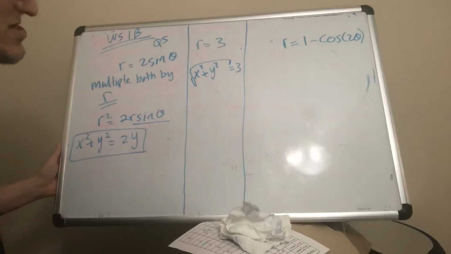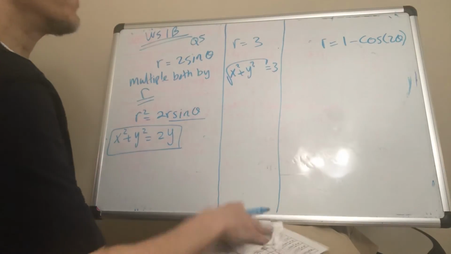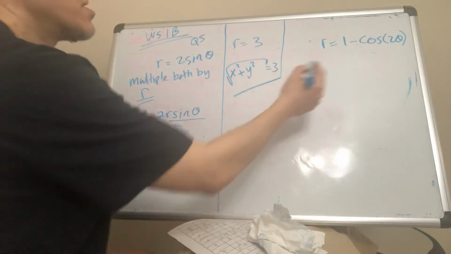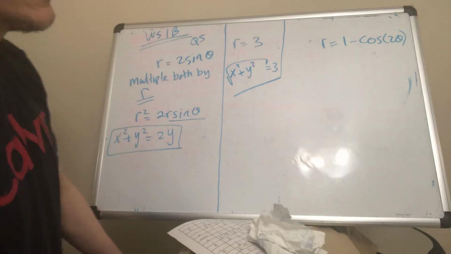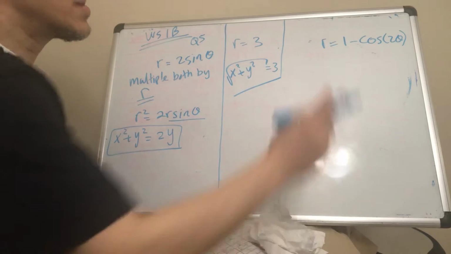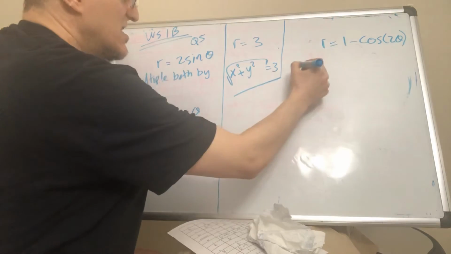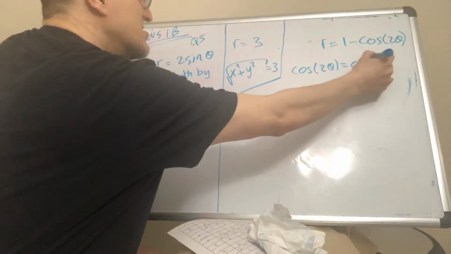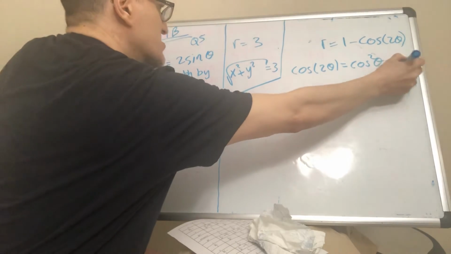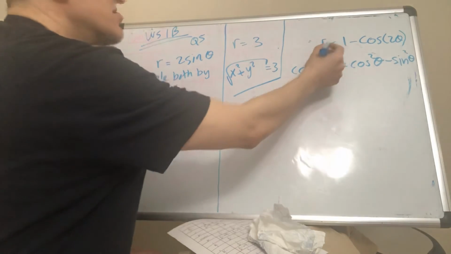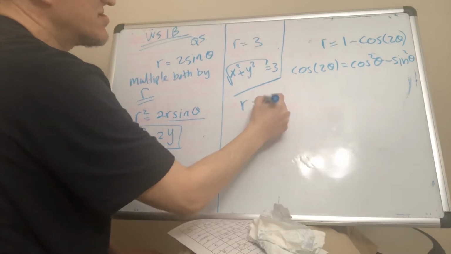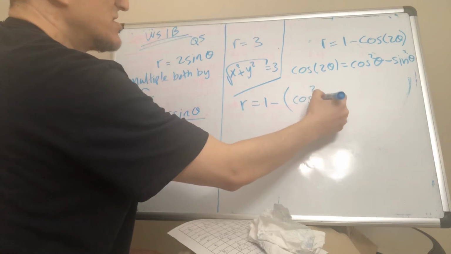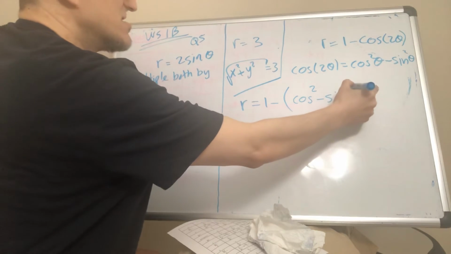Now for the last one, you have to use some identities. Cosine 2 theta has an identity: it's cosine squared minus sine squared. So if you use this, r equals 1 minus brackets, cosine squared minus sine squared.